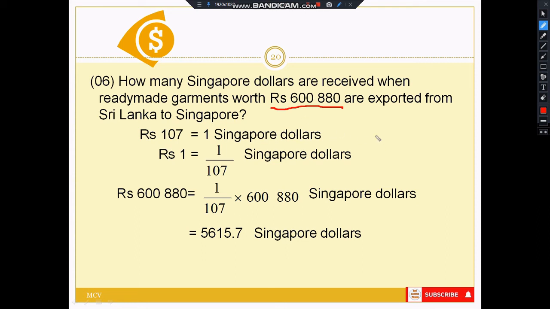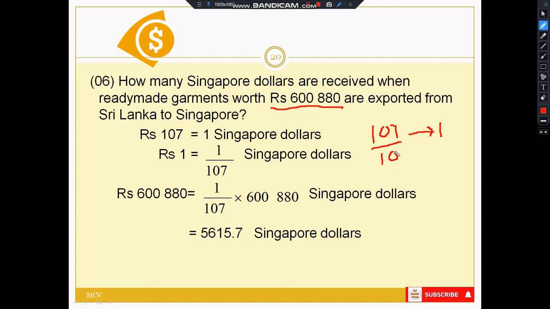If you know 107 rupees is equal to 1 Singapore dollar, then you want to get 1 rupee.